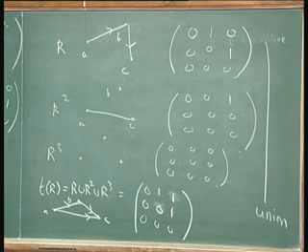So, you can get the transitive closure by matrix multiplication like that.